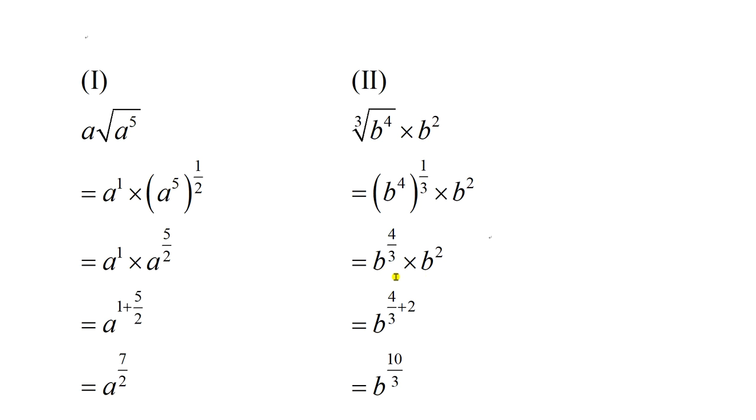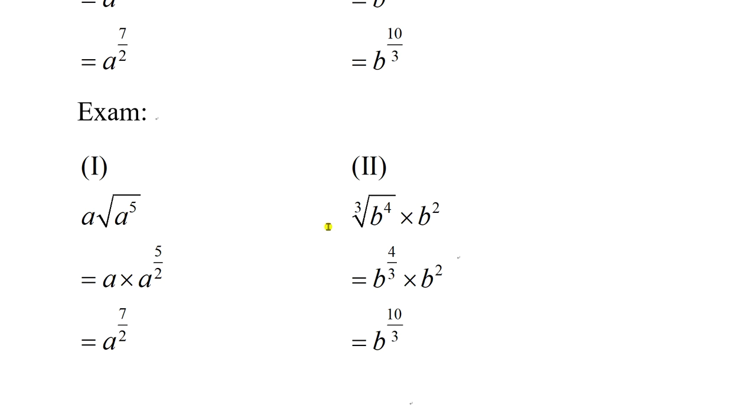Again, the bases are the same. When you are doing multiplication, you add the indices up. So you get the answer, that is b to the power 10 over 3. Of course, in the exam, you can present it in this way. There's a shortcut. Some simplification steps could be skipped. The key point is you need to show the step that changes the root sign to become the index.